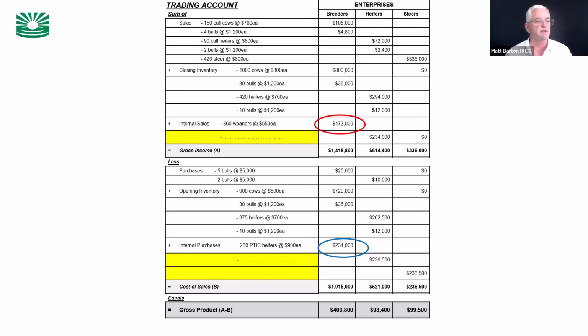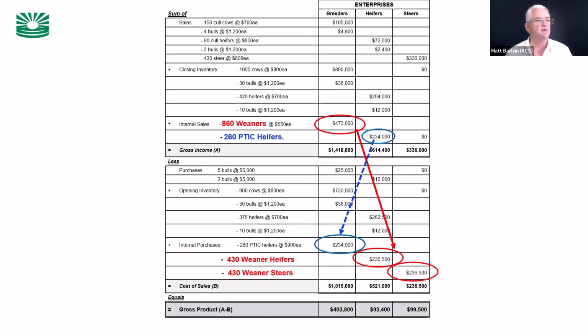So they've purchased something, and you can see where these have been purchased. So they've sold the weaners half into the heifer and half into the steer enterprise. And then the PTIC, the heifers that we've kept, have been sold out of the heifers into the breeders.